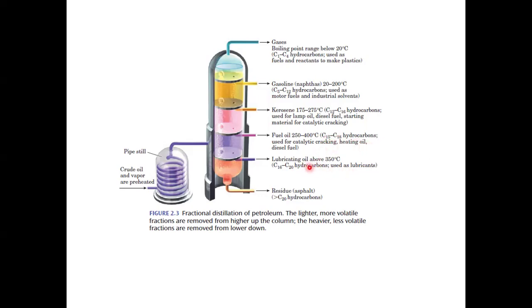Then you can have lubricating oil above 350 degrees Celsius, and the residue, you call that asphalt. The lubricating oils are usually used as lubricants.